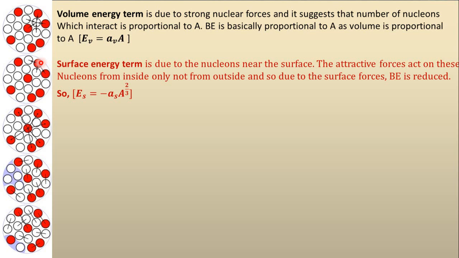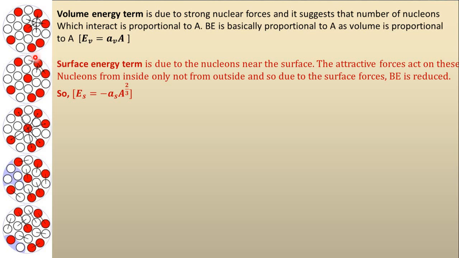Okay, so if initially we were saying that each nucleon is interacting, let us say for this nucleon which is on the surface, there is an attractive force which will act on the surface from inside. Because there are no nucleons outside this nucleon, because there is nothing.